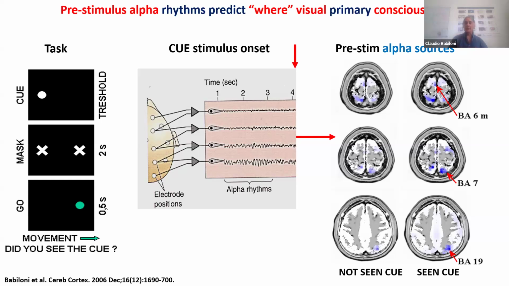So a good probability of correctness of the cue, the validity of the cue. For example, in this example, it is the 30% of cases in which the go stimulus was in the opposite part.